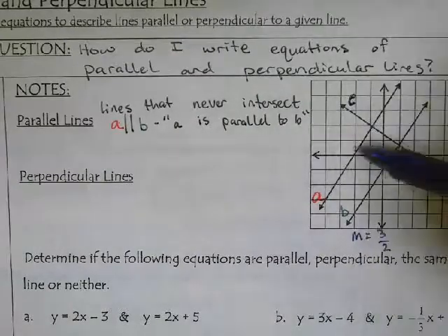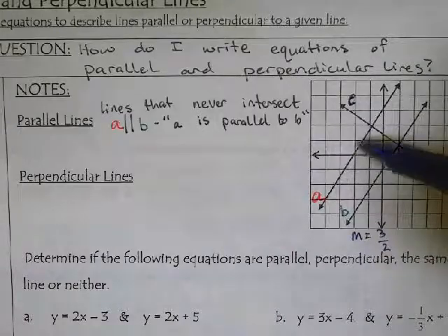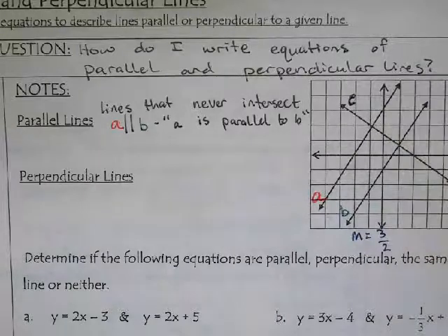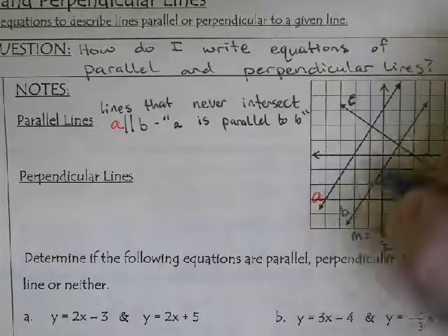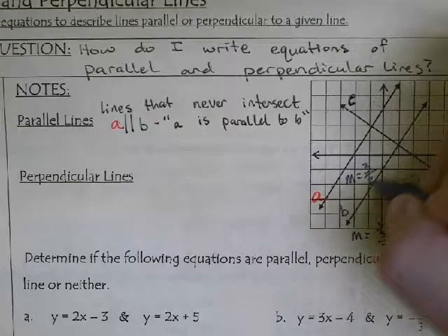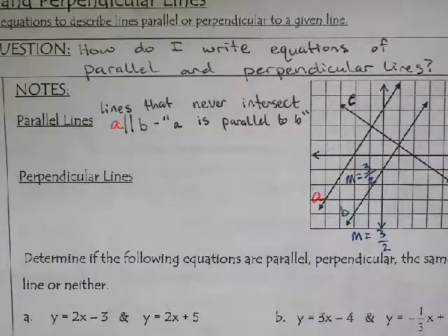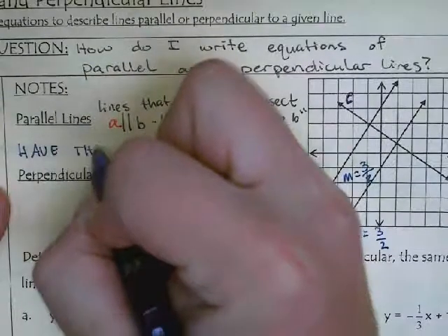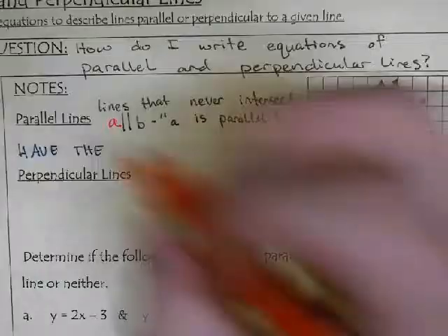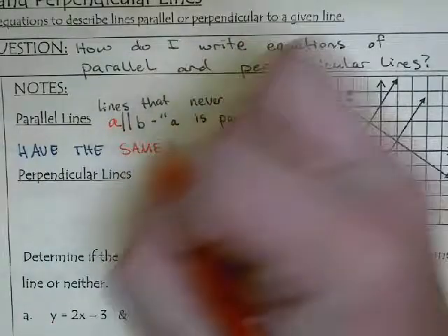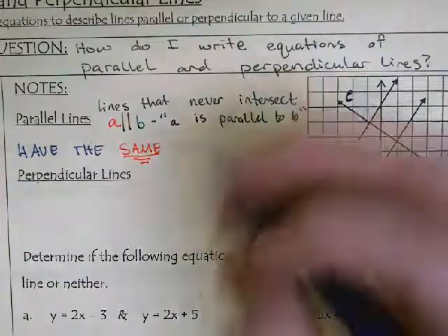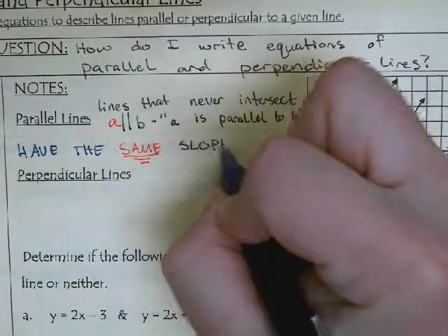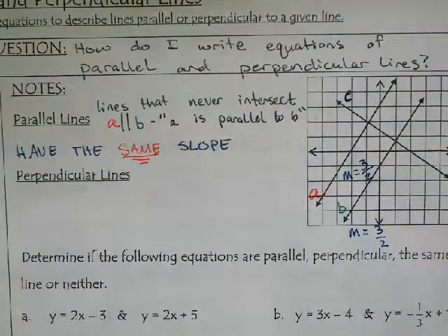And the slope for A, starting at this point, I'd go up 3 and over 2. So the slope for A would be m equals 3 over 2. So that is the big thing that we can take away. Parallel lines have the same slope. So their slopes are identical in value.